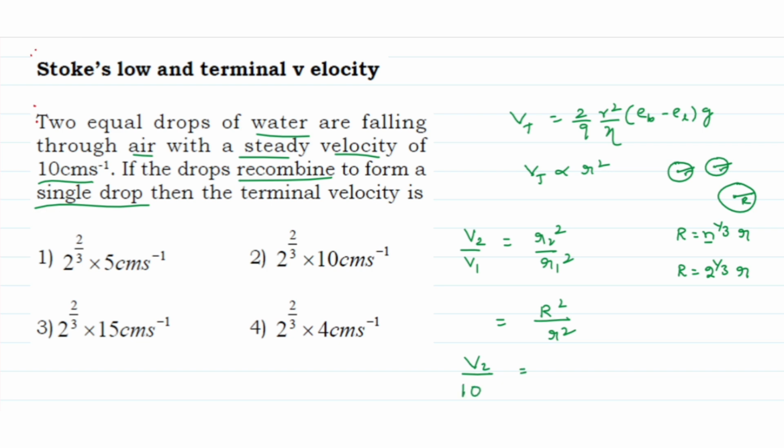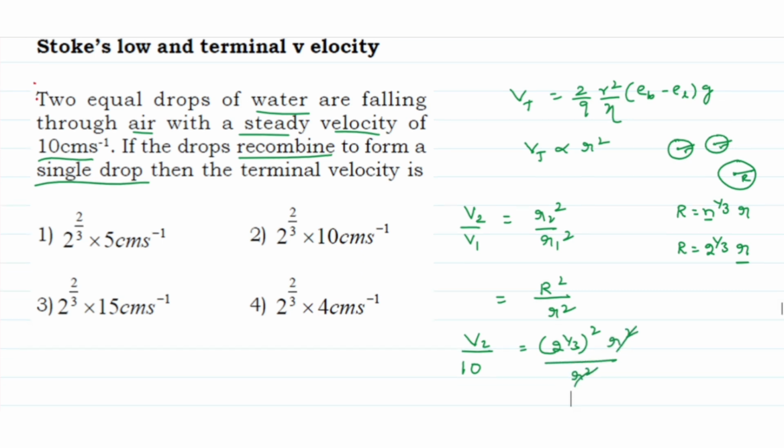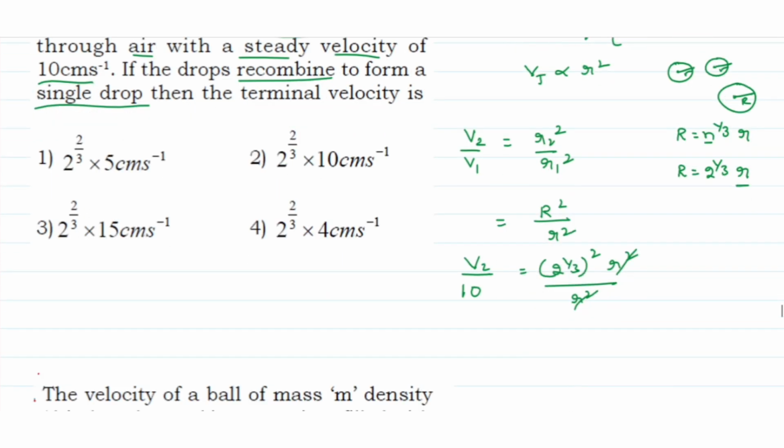R2, capital R, is 2 power 1 by 3 whole square into r, by r square. Here r square gets cancelled. Then V2 is 2 power 2 by 3 into 10 centimeter per second. This is the final terminal velocity.